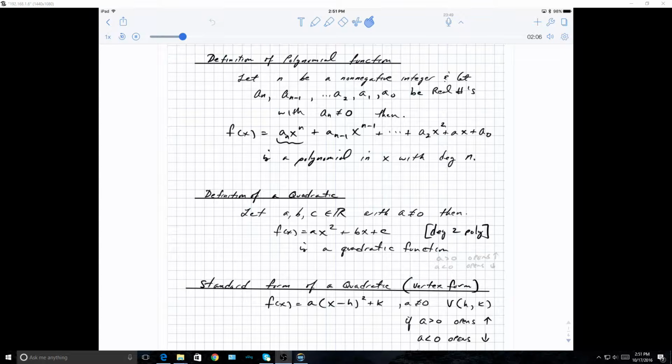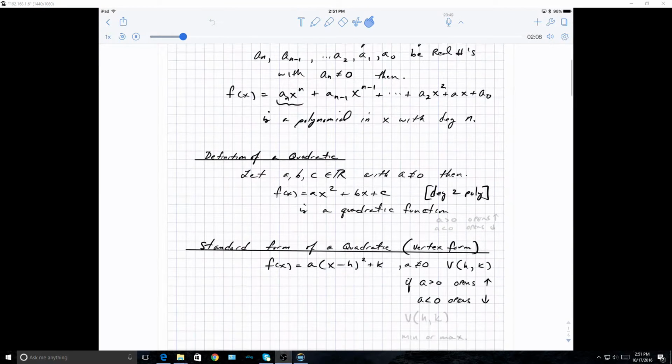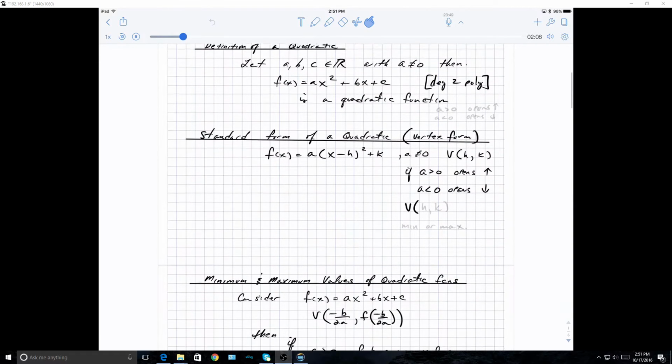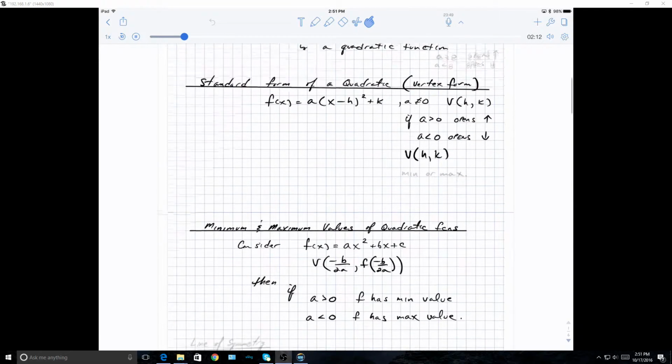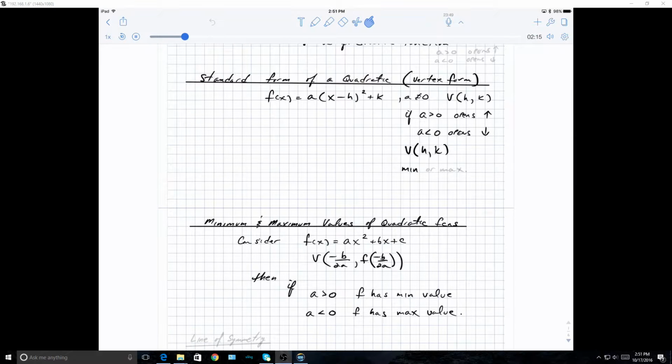But the vertex form is very powerful because it gives the vertex at (h, k), which is either going to be the minimum value or the maximum value for the quadratic. Again, in either one of these cases, if a is greater than 0, it opens up, and if a is less than 0, it opens down. So up and down. Okay.